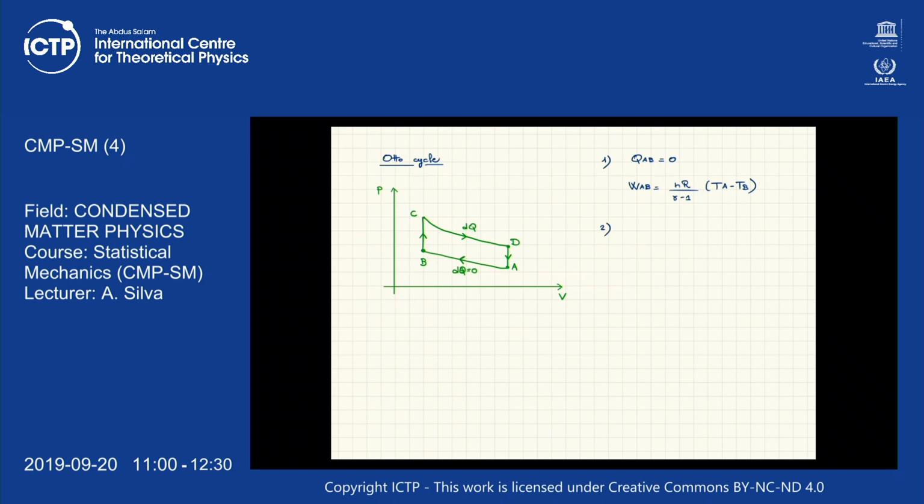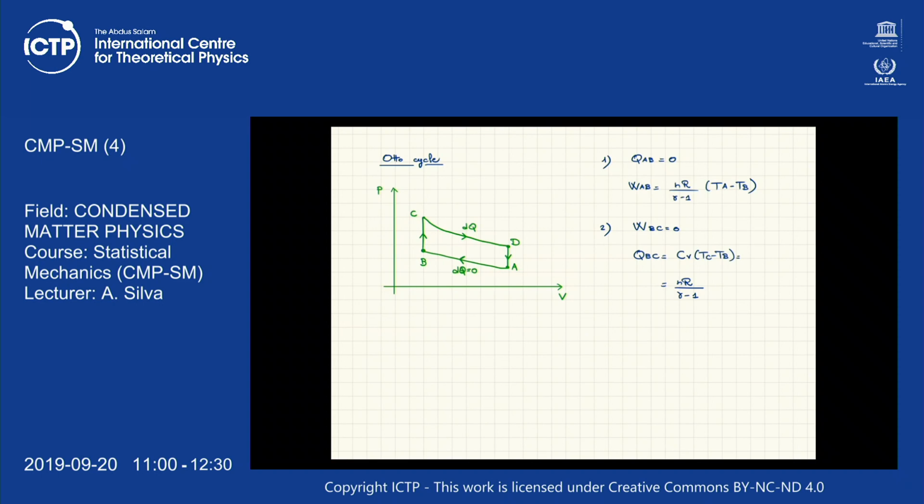Now, part number 2 is the isochore. So the isochore, we have WBC equal to 0, and we have that QBC is equal to what? Is equal to CV (TC minus TB). Now, typically, CV, I can rewrite it as N times R divided by gamma minus 1.